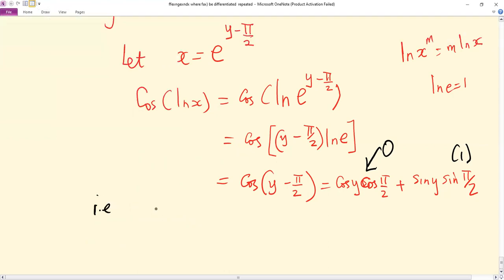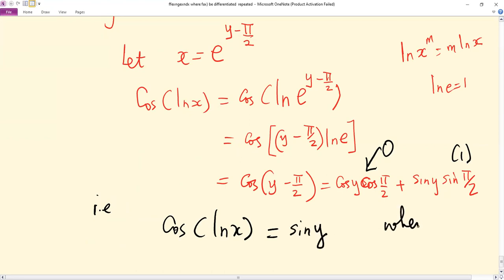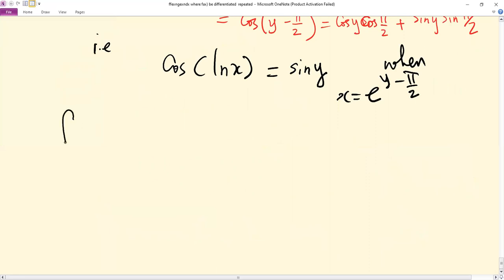And then we want to transform the integral cos of ln of x dx to be purely in terms of the new variable y. So where there's cos of ln of x, we replace by sine of y.